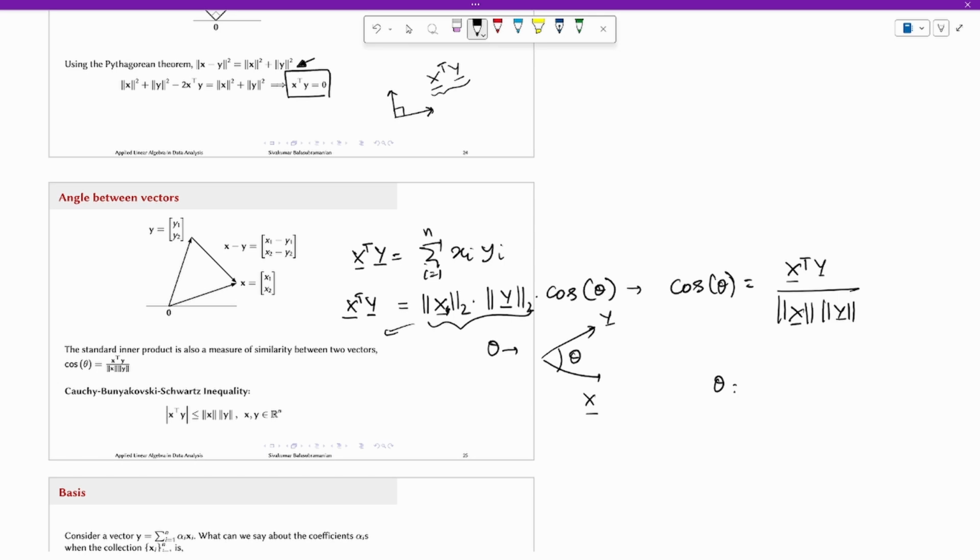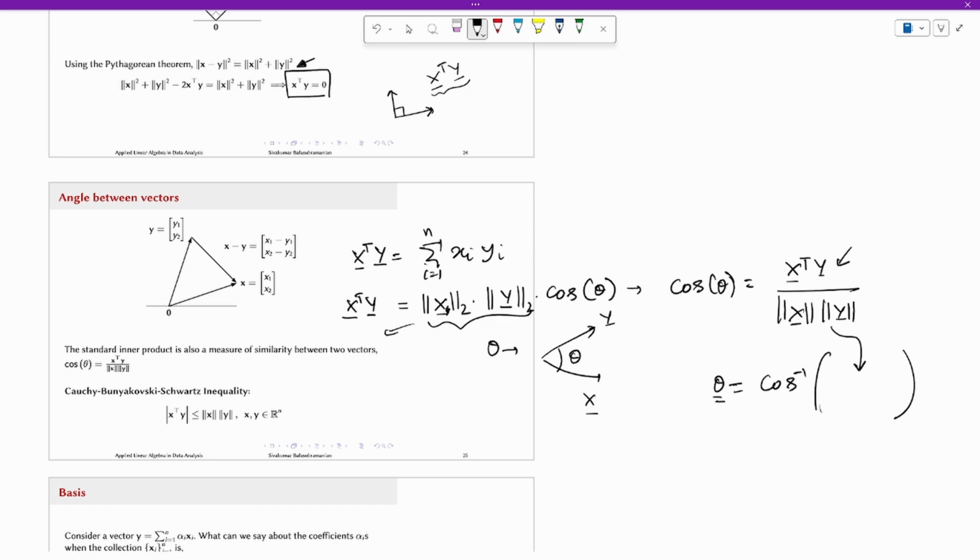And theta will simply be cos inverse of this expression. Whenever this term turns out to be 0, that essentially means that the two vectors are perpendicular to each other, because cos 90 is 0.